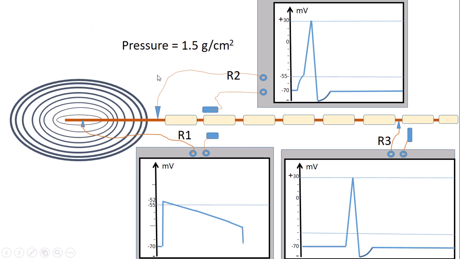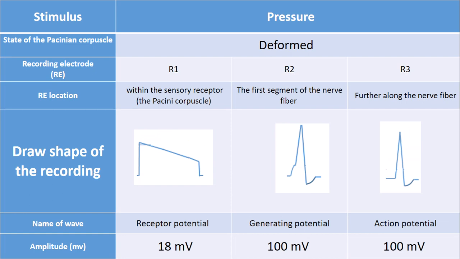And voila, when you remove the pressure, notice what happens, especially at R1, it returns back to its original shape. Now, if you're wondering what these horizontal lines are, you should remember that this minus 55 millivolt line represents the threshold of depolarization required for the formation of action potentials. You can review document 3 for that particular idea.